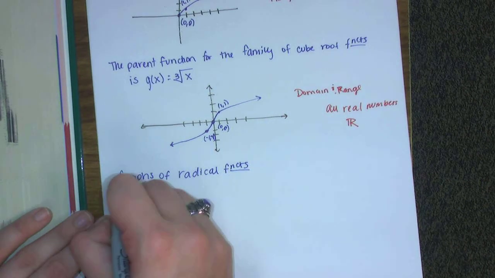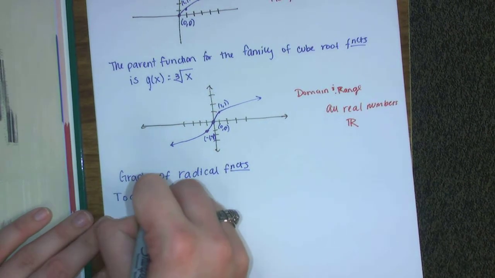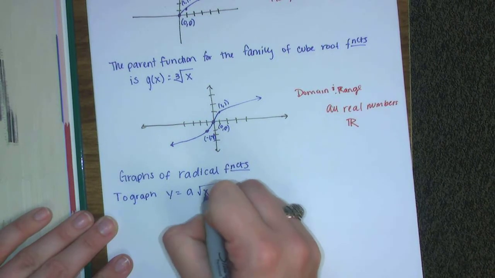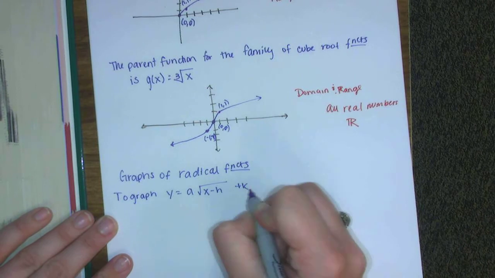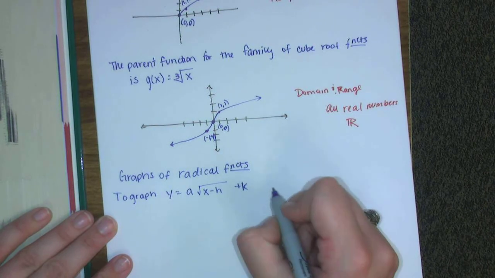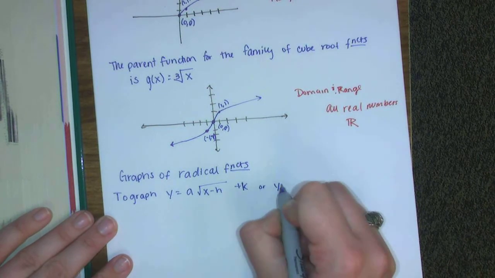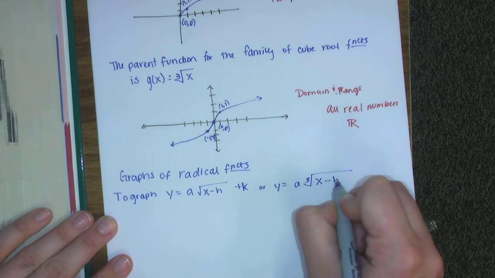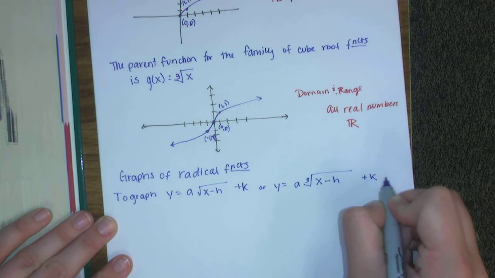To graph y is equal to a times the square root of x minus h plus k, and that plus k is outside the radical, or y is equal to a times the cube root of x minus h plus k, follow these steps.